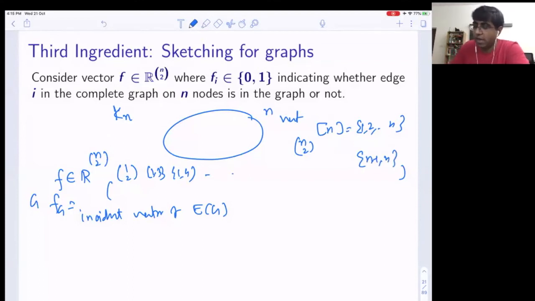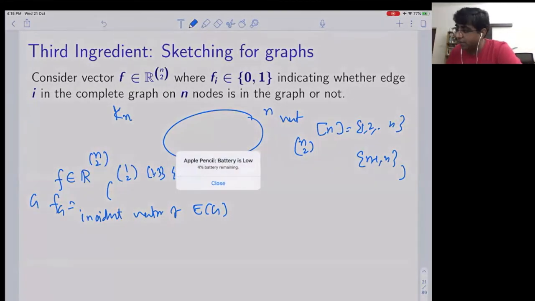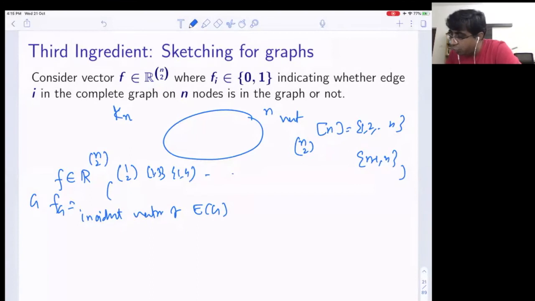Any graph G on n vertices can be viewed as a subgraph of Kn, where you put zeros for the edges which are not present. This way also I can represent my graph.